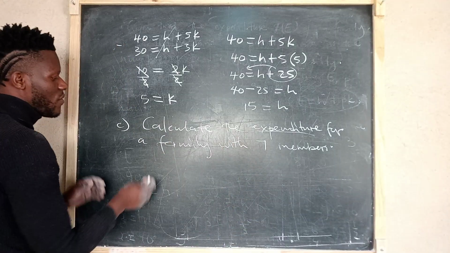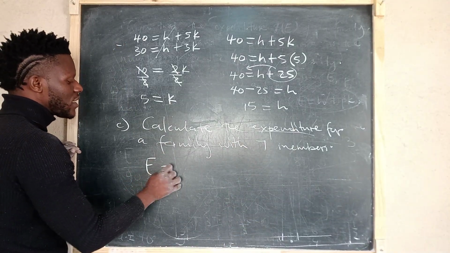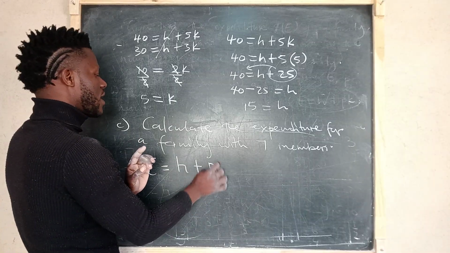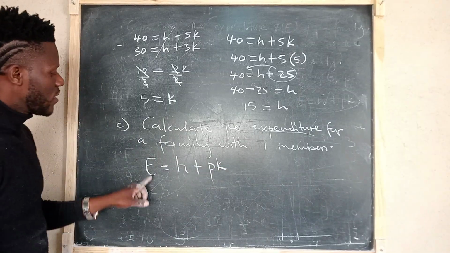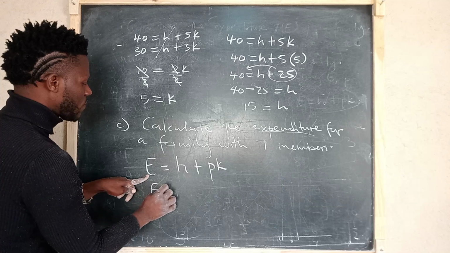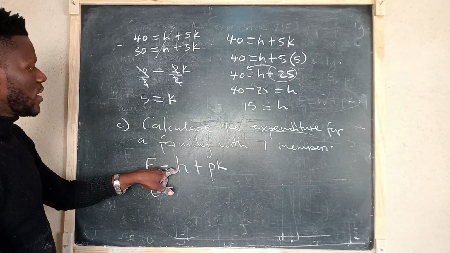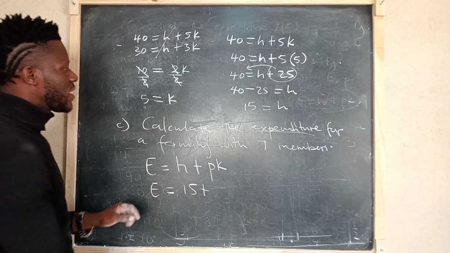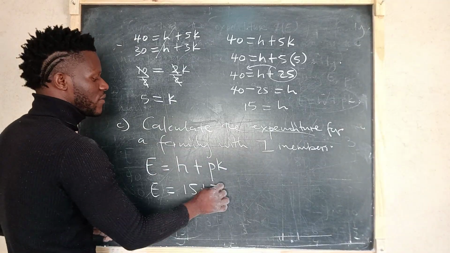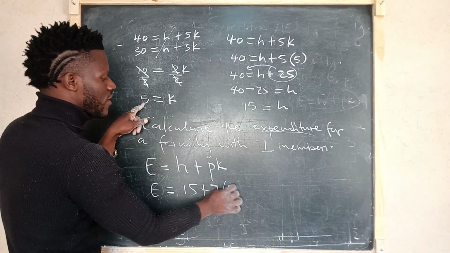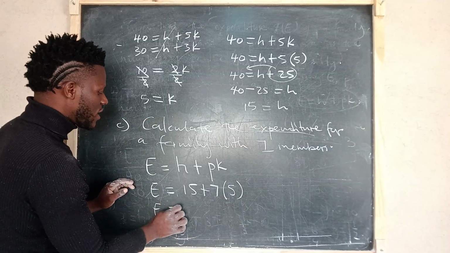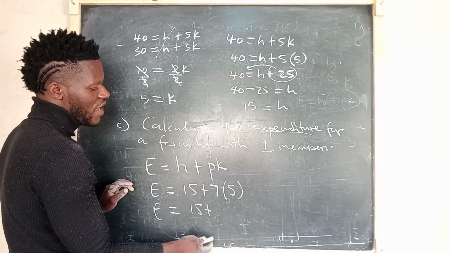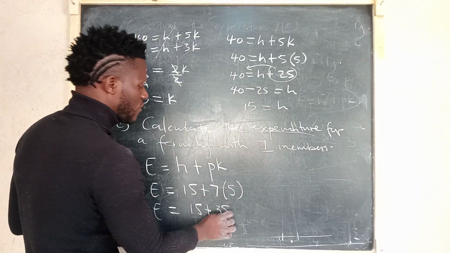So we bring back the formula. The formula was expenditure equals H plus PK. So now expenditure is unknown, but H is now known. H is 15 plus the number of people is 7, then K is 5. So the expenditure is 15 plus 7 times 5, we get 35.